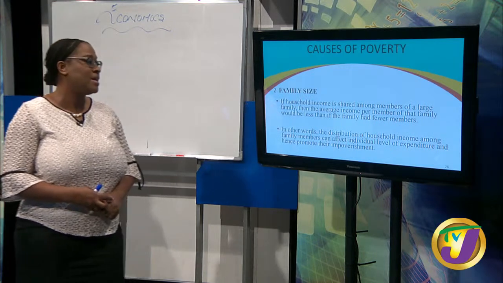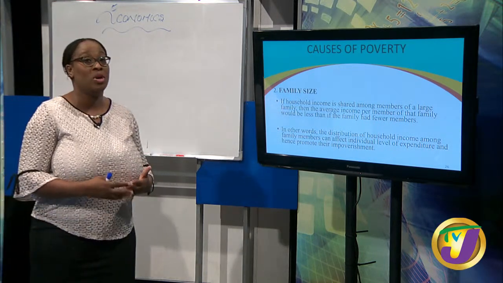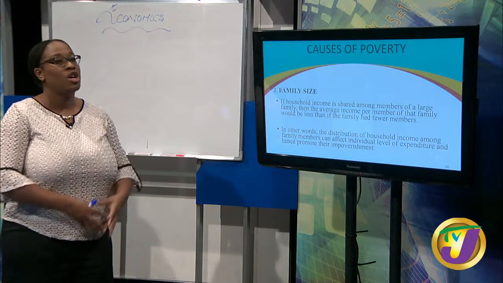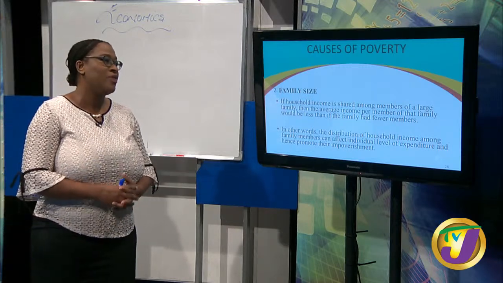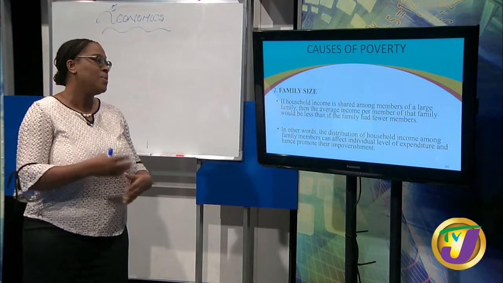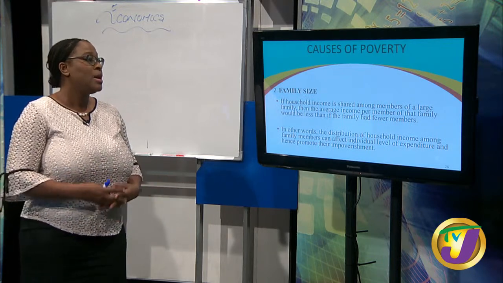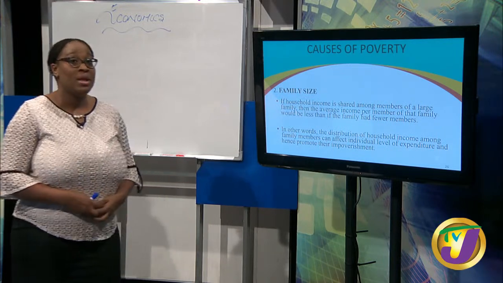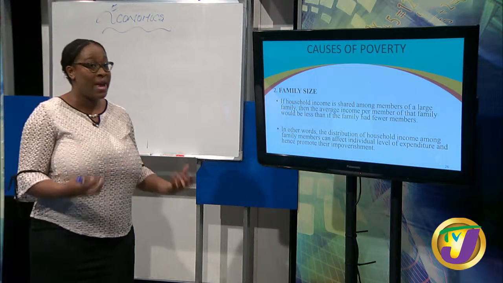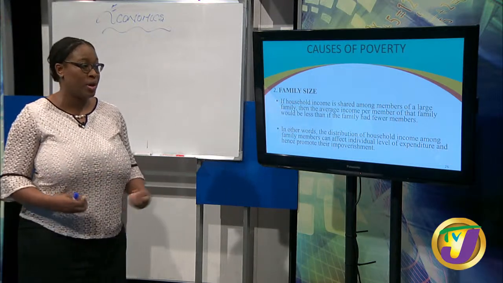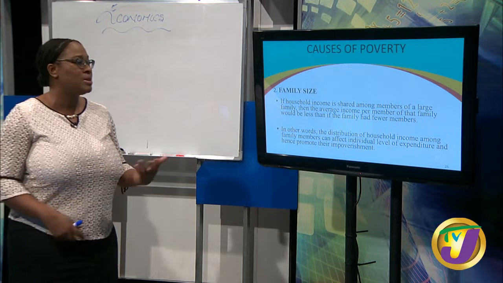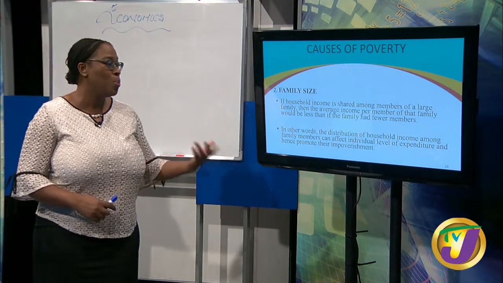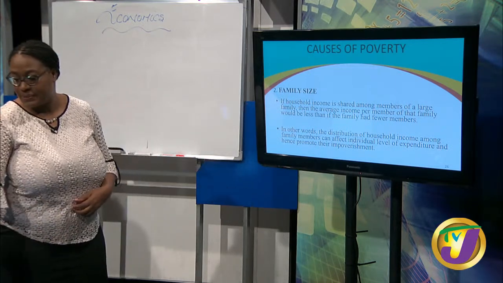So you're stretching it. If you're a family of 4, maybe mother, father, 2 children, it's easier to stretch the income than if you're a family of 8, mother, father, and 6 children. So family size really sometimes helps to promote impoverishment.